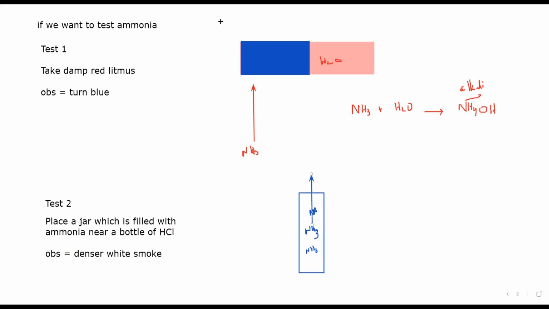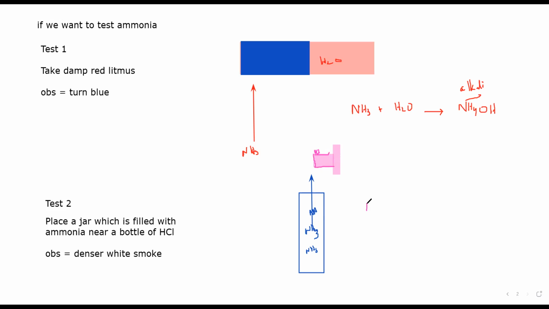So we place this ammonia, or we can take a glass stopper, say this is a glass stopper which is dipped in HCl. So the surface of this glass stopper has HCl.